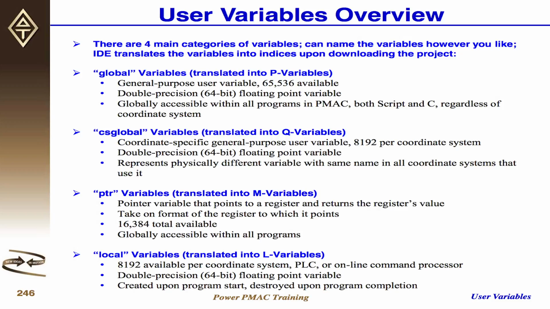If you want a calculation to occur at the beginning of the next move, you can use a synchronous M variable or a synchronous assignment, which we'll see in a little bit, such that it guarantees the execution of that equation is not occurring at program flow, but is occurring at the beginning of the next line of motion.